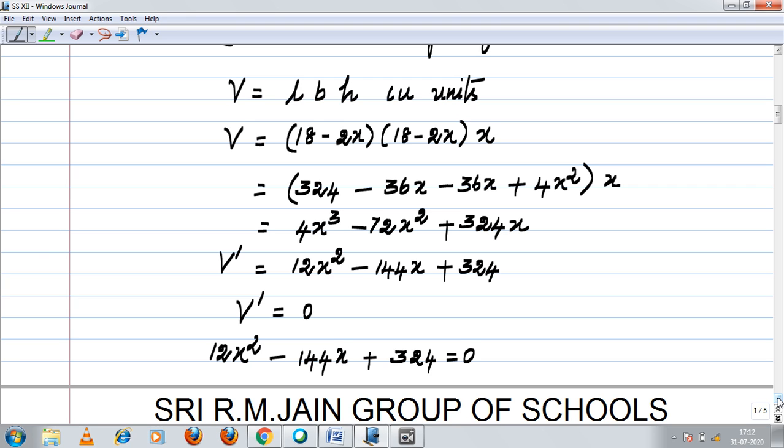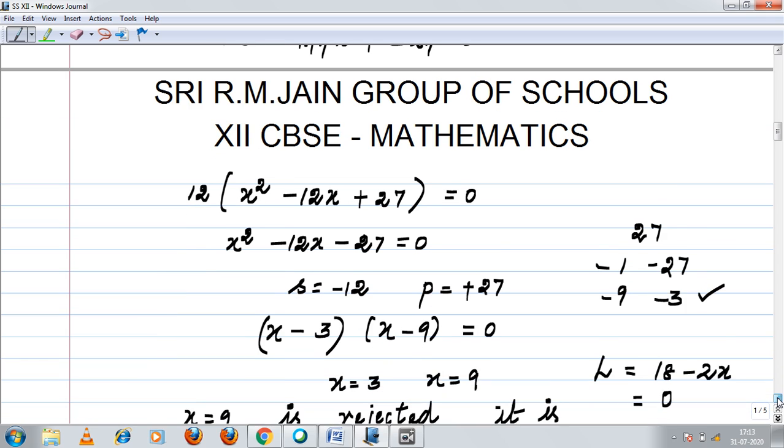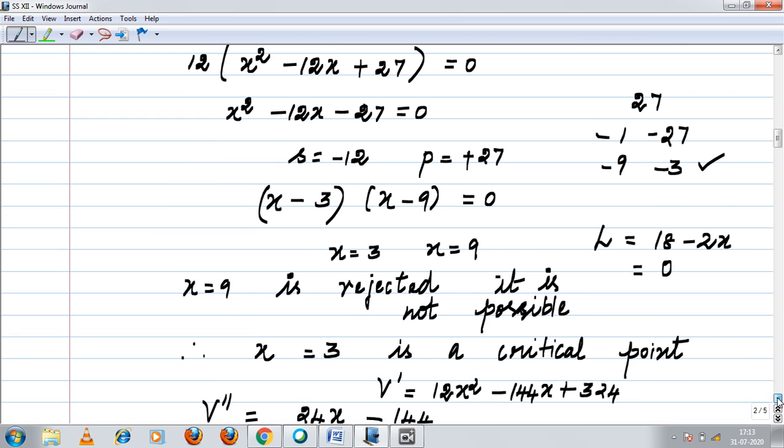V dash equal to 0: 12x square minus 144x plus 324 equal to 0. The terms are multiples of 12, so you take 12 common. Then you arrive at the solution x is equal to 3 and x is equal to 9. x is equal to 9 is rejected because substituting it in the length and breadth gives 0.